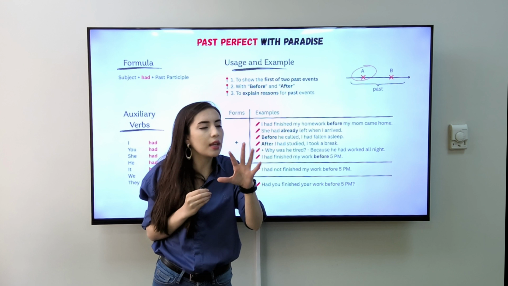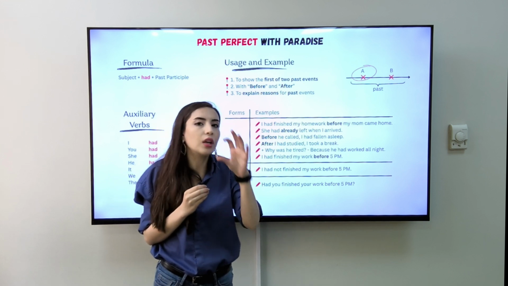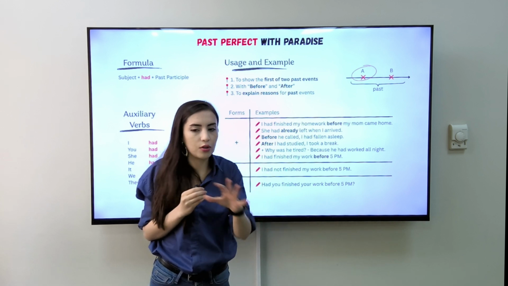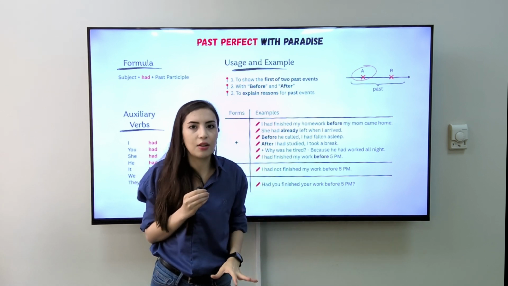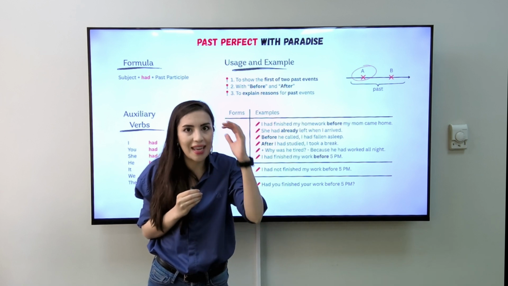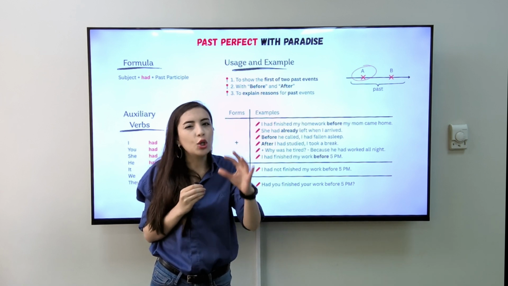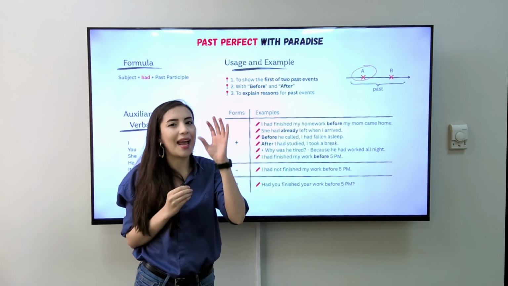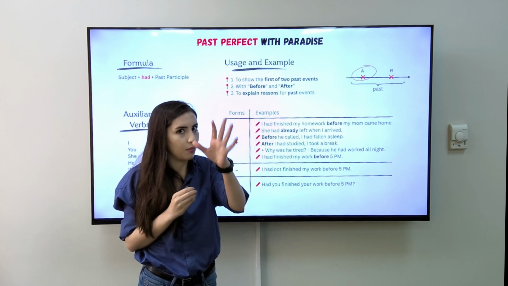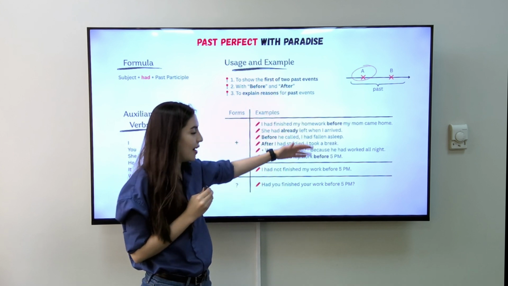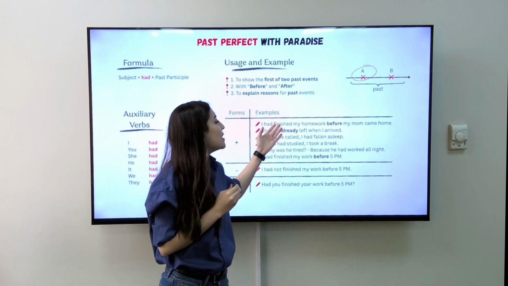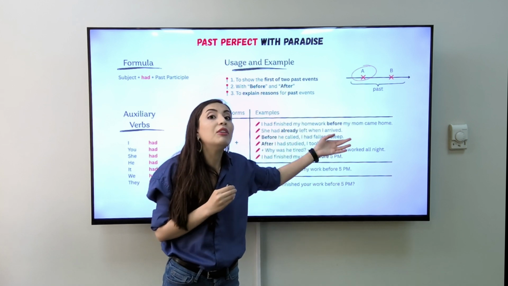If you need to think about it, just pause the video, think about it, or do something in your notebook, write something, try to make sense, try to analyze it. In this way, you will understand it in a better and deeper way. So feel free to pause the video, do it yourself, and then resume it. Yes, the first one is finishing the homework before.